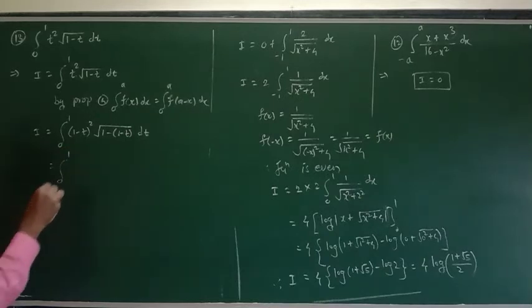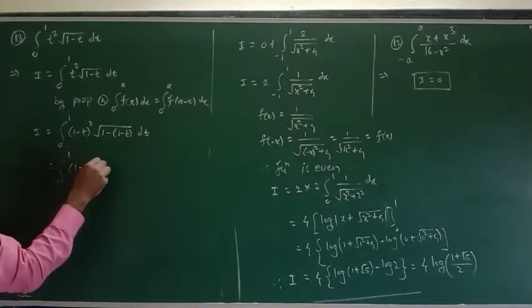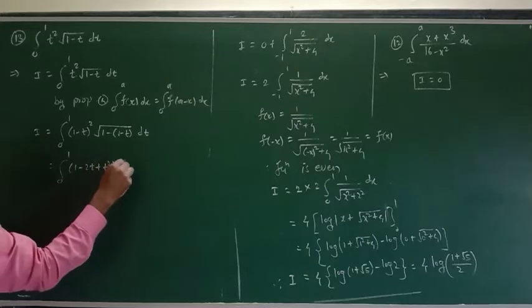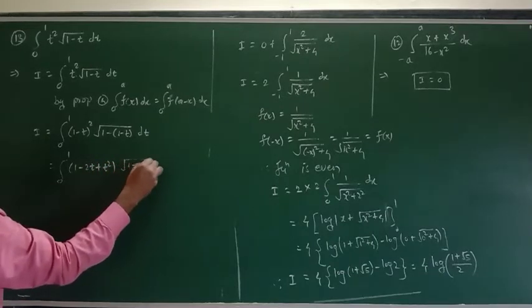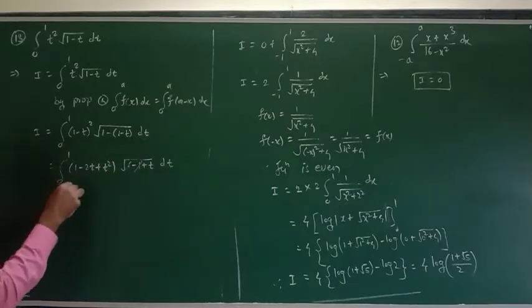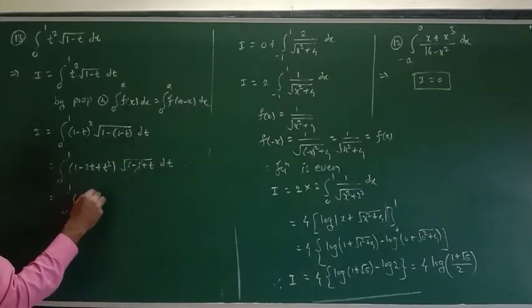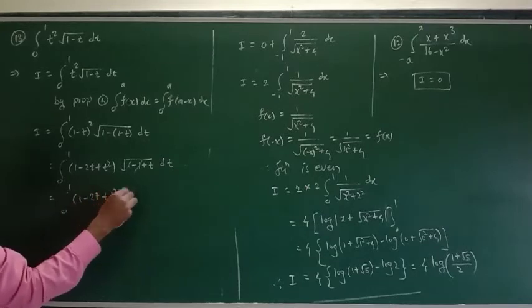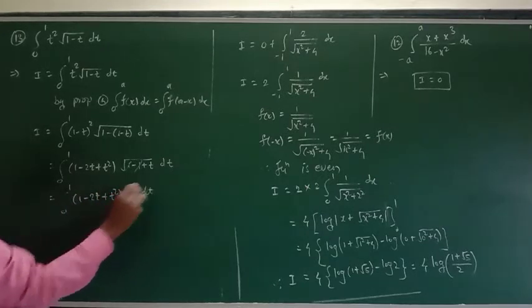So the integral is from 0 to 1 of (1 minus 2t plus t square), and in the square root 1 minus 1 plus t dt. Minus 1 plus 1 get cancelled. So the integral from 0 to 1 of (1 minus 2t plus t square) into root t dt.